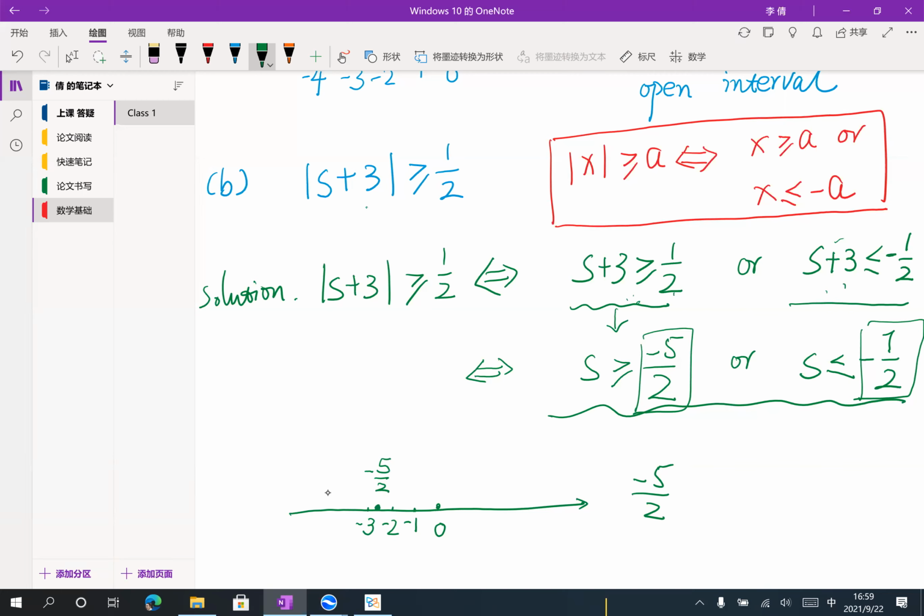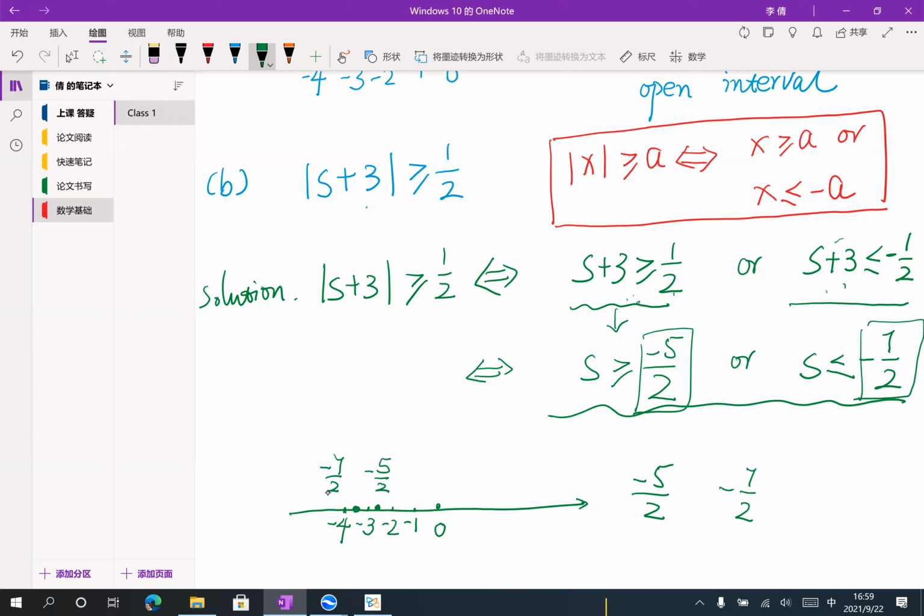And then the negative 7 over 2 is the middle point of negative 3 and negative 4, right? So this middle point will be minus 7 over 2.